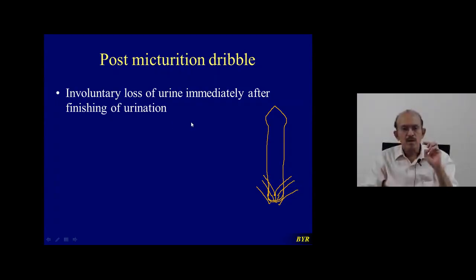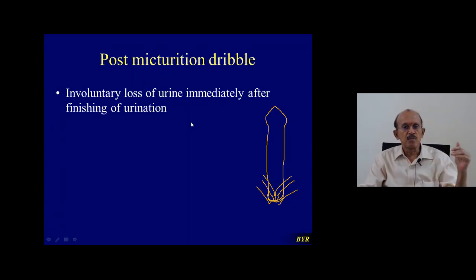Normally, whenever micturition occurs, the bladder contraction will be there. Afterwards, the bulbocavernous contraction is there. All the urine from the urethra is expelled out. So even after the person finishes micturition, he will not soil or wet his clothes. But some people have normal micturition.